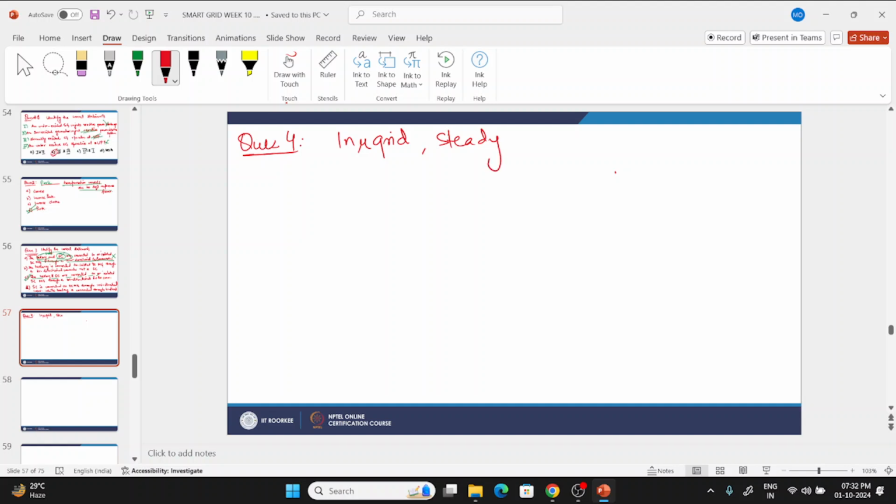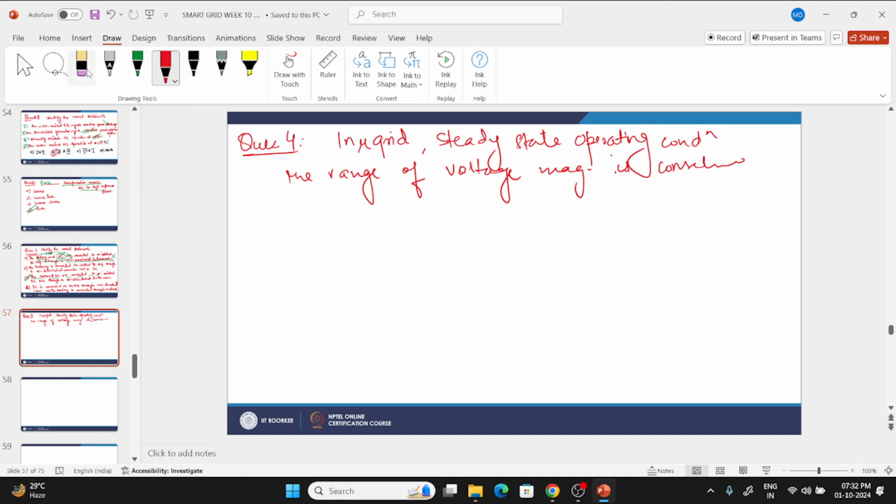Steady state operating condition. The range of voltage magnitude that is considered acceptable.